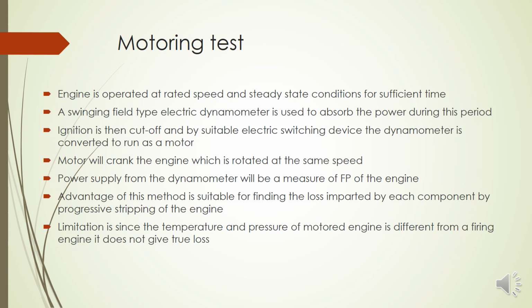We are doing this experiment without firing and calculating frictional power, but that will be somewhat different, because in an actual engine when firing takes place the temperature and pressure will be very high. So that is the main limitation of this method.